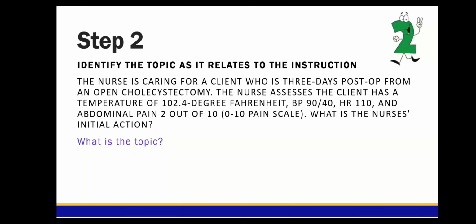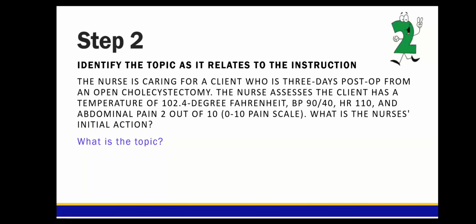Aha! All right, let's think about the assessment. In this particular situation, the client has an elevated temperature. He's febrile based on the 102.4. He has a low blood pressure. He's hypotensive. And the heart rate is 110, which is tachycardic, right? And abdominal pain, 2 out of 10.